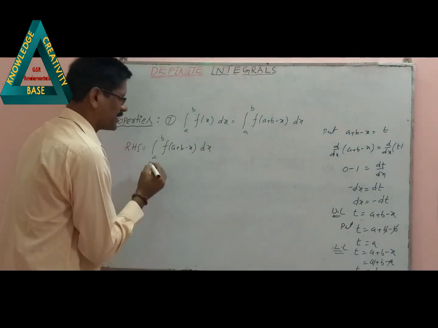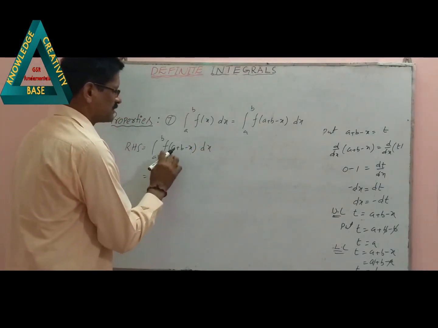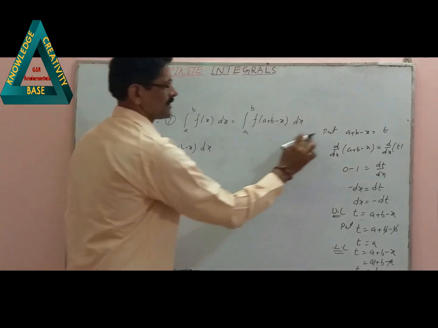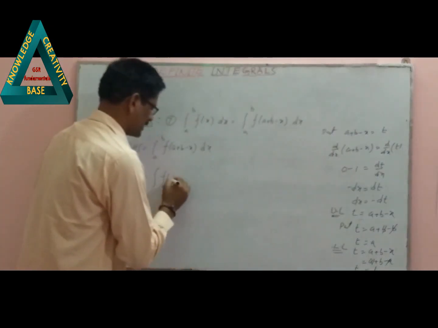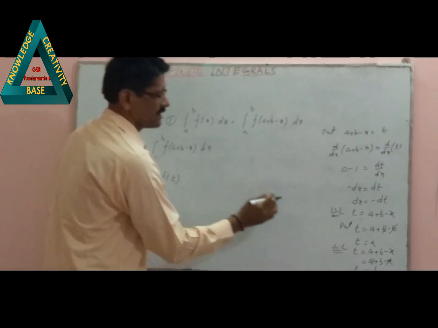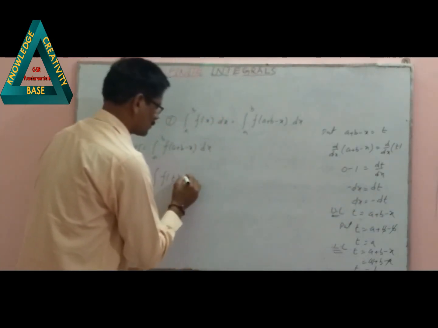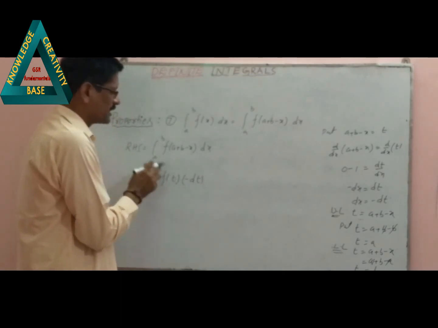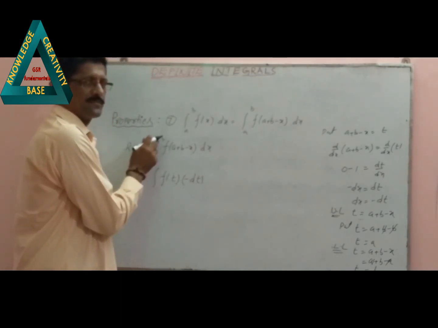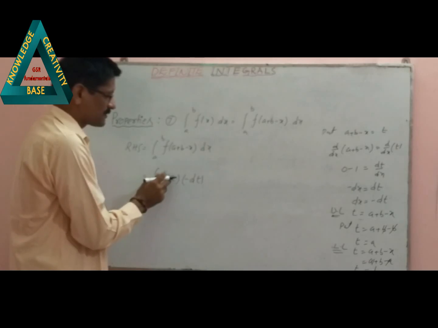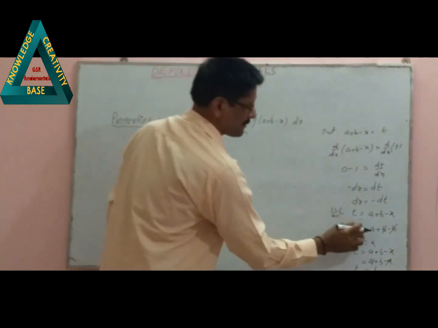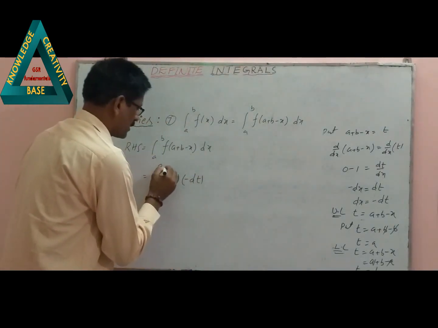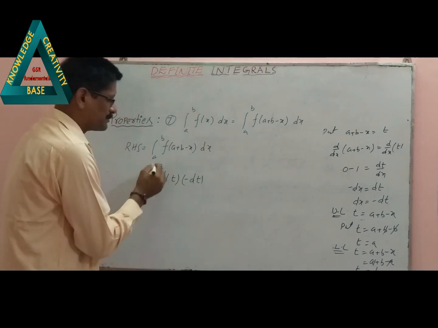That equals integral f of, what is the value of a plus b minus x? a plus b minus x is equal to t, into, what is the value of dx? dx is equal to minus dt. What are the limits of the t variable? These are the x variable limits. The t variable's upper limit is a, lower limit is b. That means b to a.